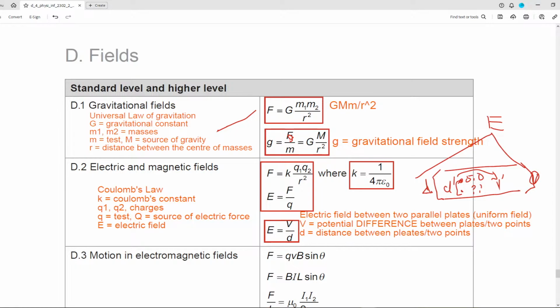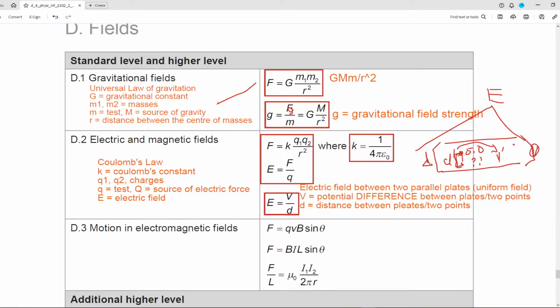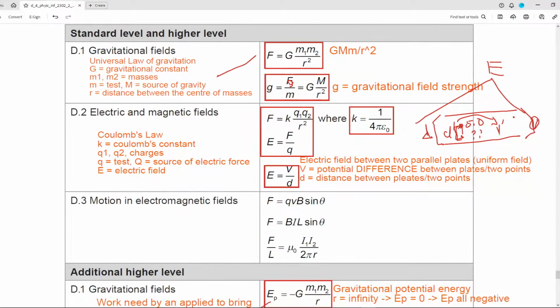That's the kind of question you could use the second formula for: you know the total field from the plates and the distance between them. Then you can figure out the potential difference between any two given points in the middle because the field is constant. And of course, you can also do projectile motion stuff with that as well.